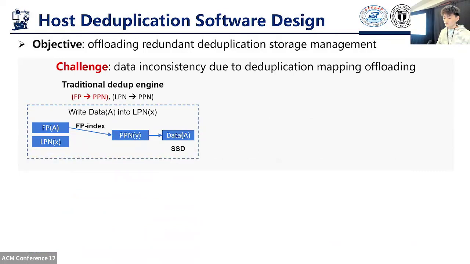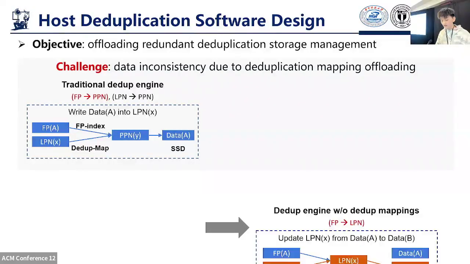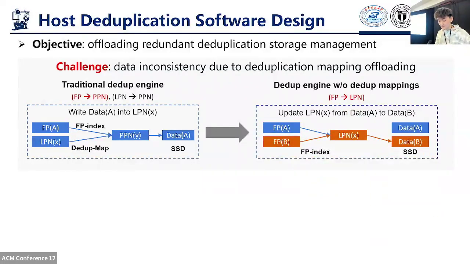The traditional DDAP engine allocates each unique fingerprint a physical page number, PPN. These key-value pairs are recorded in the fingerprint index metadata and guarantee data consistency. Data writes or DDAP updates the mappings between logical page number and physical page number. However, after offloading DDAP mappings, there is data inconsistency in the fingerprint index.